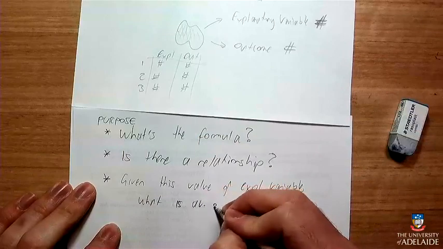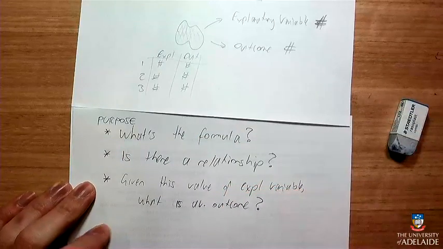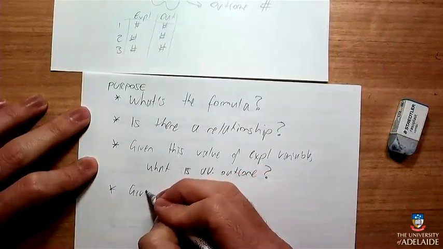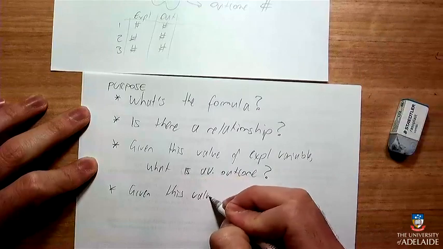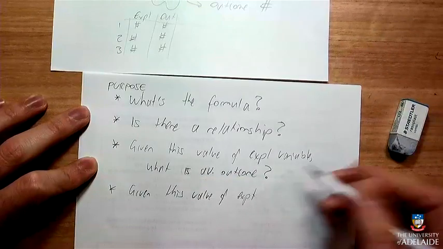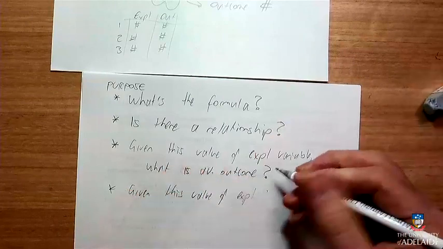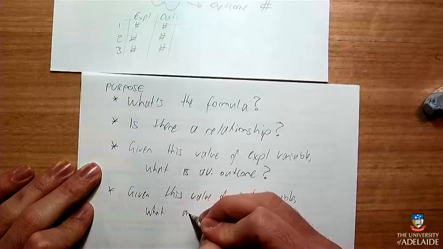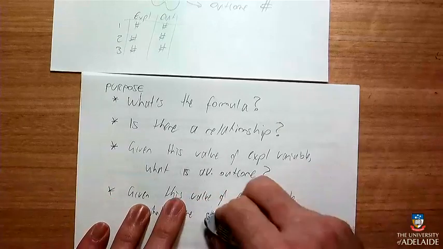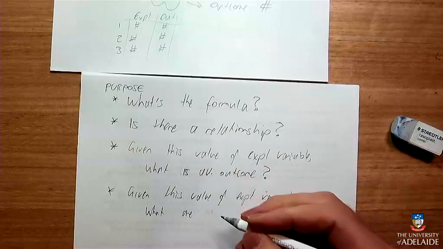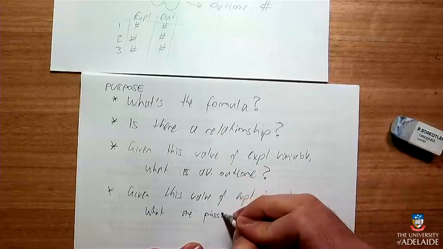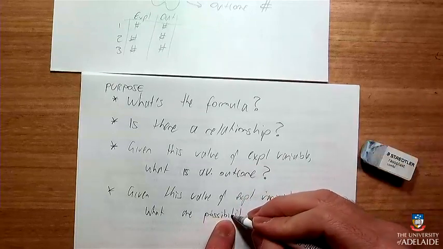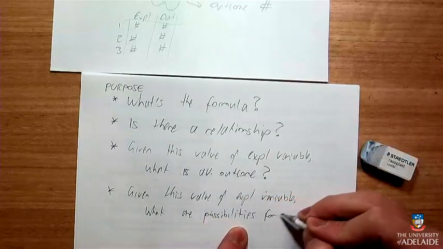What is the average outcome? All right. And you may also ask, given this value of the explanatory variable, what are the possibilities for the outcome?